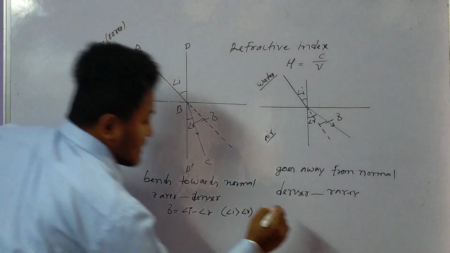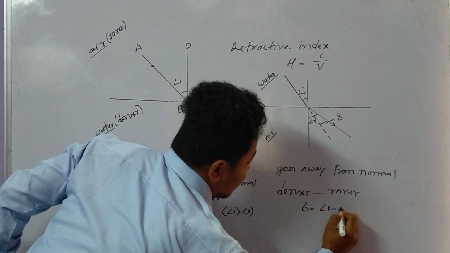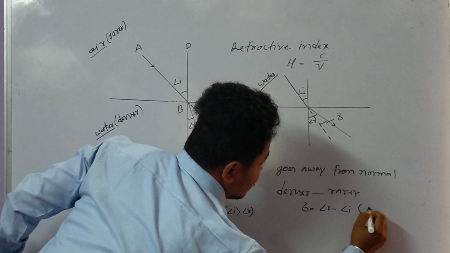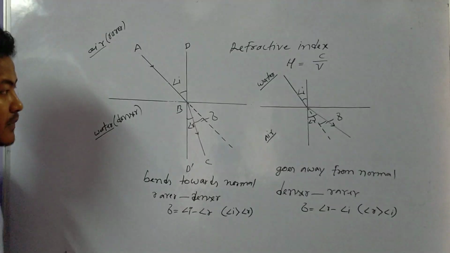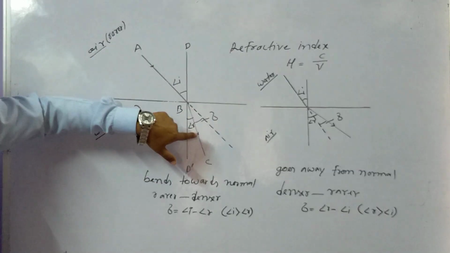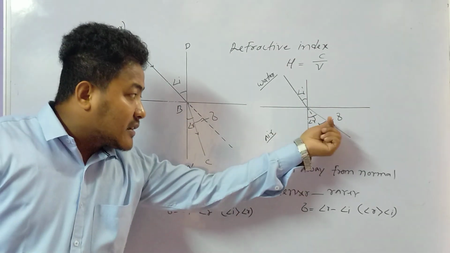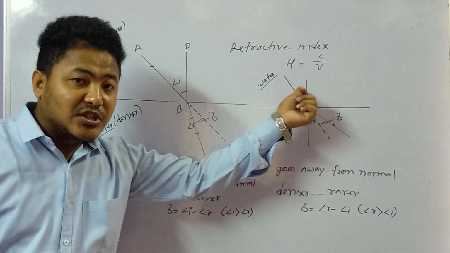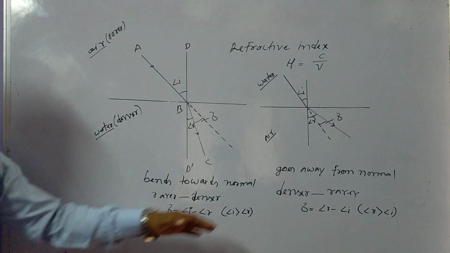In the second case, the angle of deviation I can write as angle R minus angle I, since angle R is greater than angle I. In the first case, incidence angle is bigger than refraction angle, and in the second case, refracted angle is bigger than incident angle. So that is how we can find out the angle of deviation. I hope you have understood it.